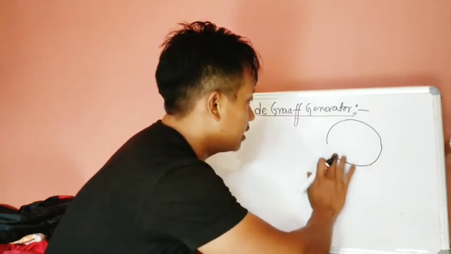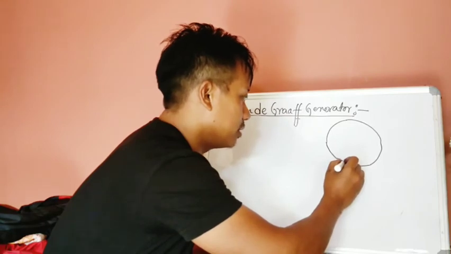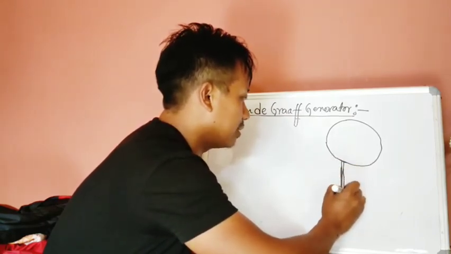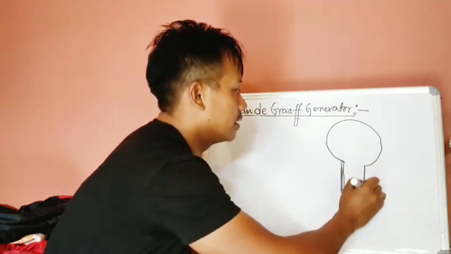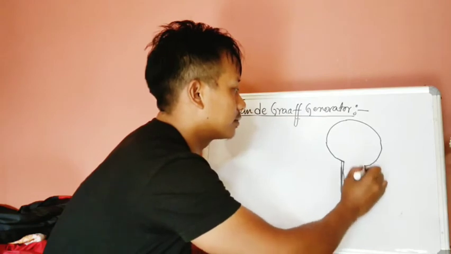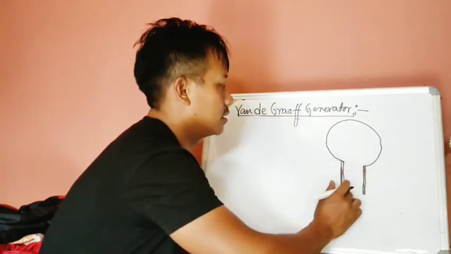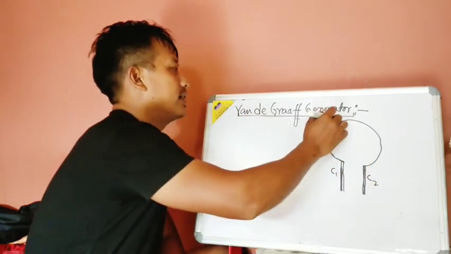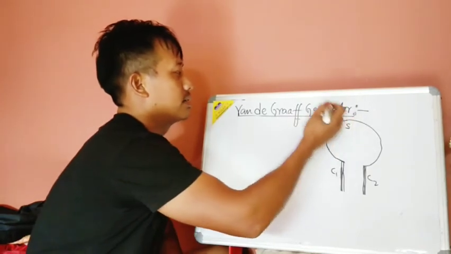This spherical cell is supported by two insulator columns like this. Let us say C1 and C2 are insulator columns, and S is the spherical cell.